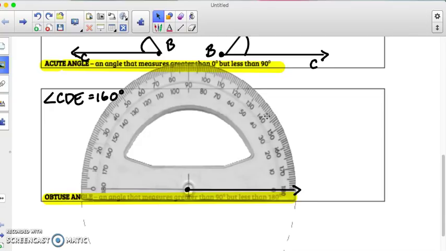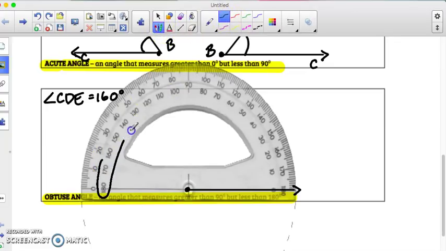Now, in this case, I'm looking for 160 degrees. Remember that you're drawing an obtuse angle. So the measurements you're looking at, they have to be between 90 and 180 degrees. Now, because I know it has to be bigger than 90 degrees and I'm opening it up to the right, I'm actually going to look at the set of numbers here on the left-hand side.